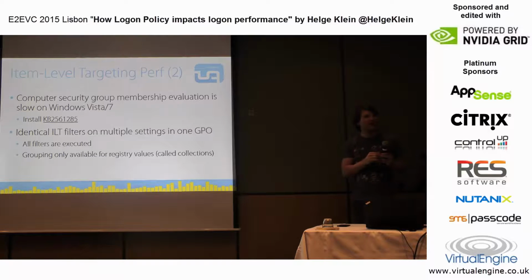So if you want the 100 environment variables to only apply to certain machines or certain types of users, you might have to add the same item level targeting filter to all of these 100 settings. And the engine is not very clever in that regard. If you have the same filter for 100 settings, it will run 100 times.